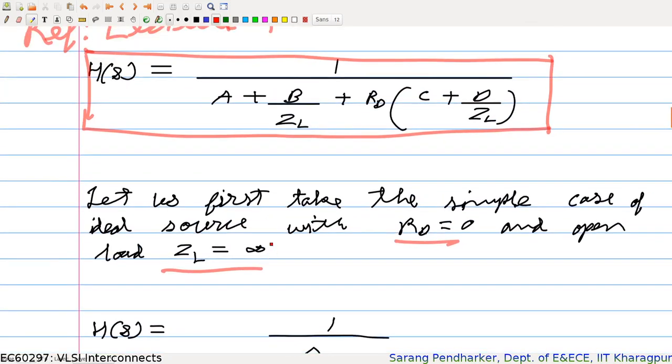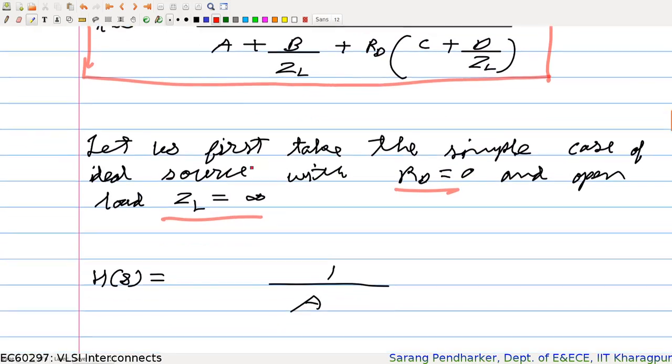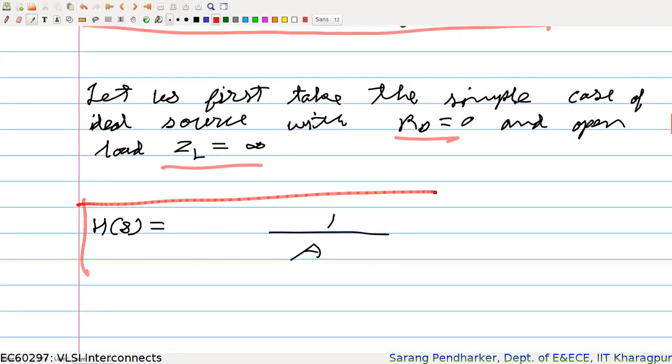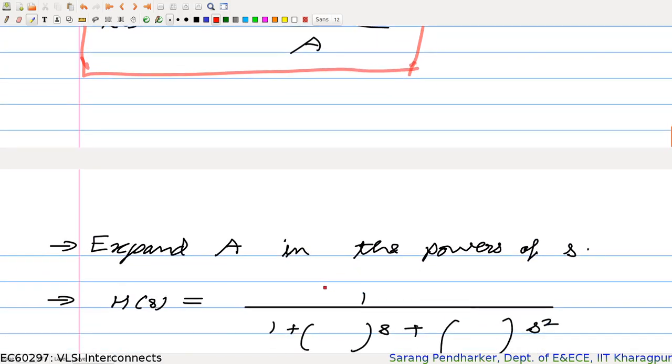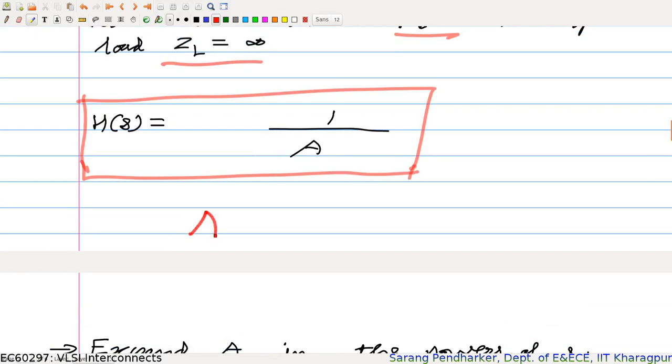In that case, if I substitute ZL tending to infinity in here and RD equal to 0, what I would get is that my transfer function H(s) is simply 1 upon A. And what is A? A is cosh(gamma L). So now all we have to do is very simple.